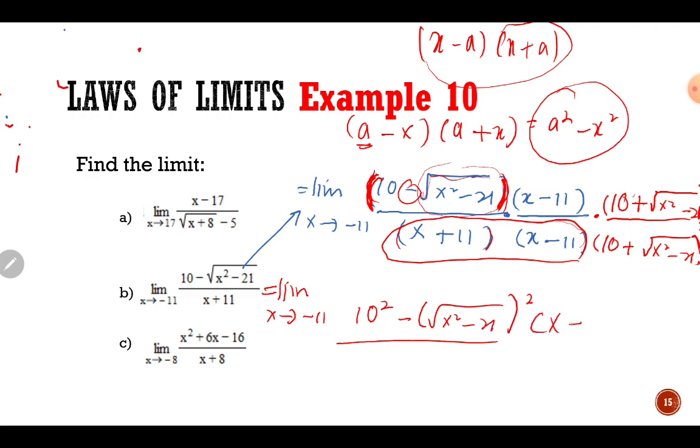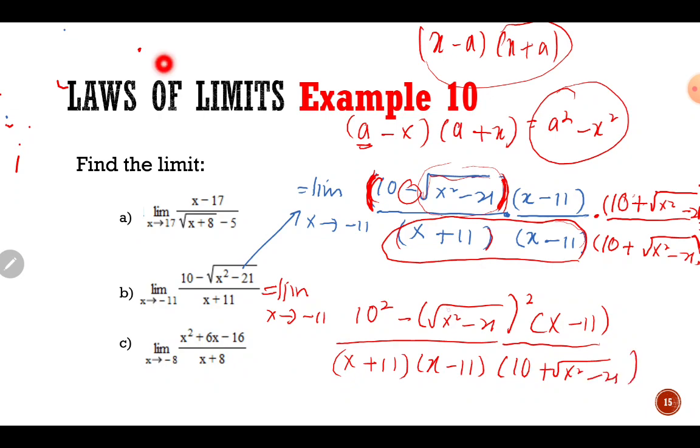Kan, X tolak 11 ni terpaksa bawa lah. Yang kat bawah ni kita ada X tambah 11, X tolak 11, 10 tambah square root of X square tolak 21. Okay, so bila square root dengan square ni berjumpa, dia akan hilang. Dah tak ada. Kan, dia akan hilang. Dia dah tak ada dah kat sini.